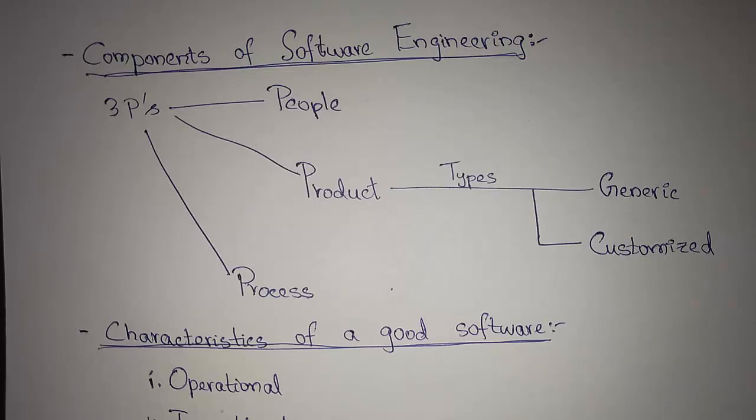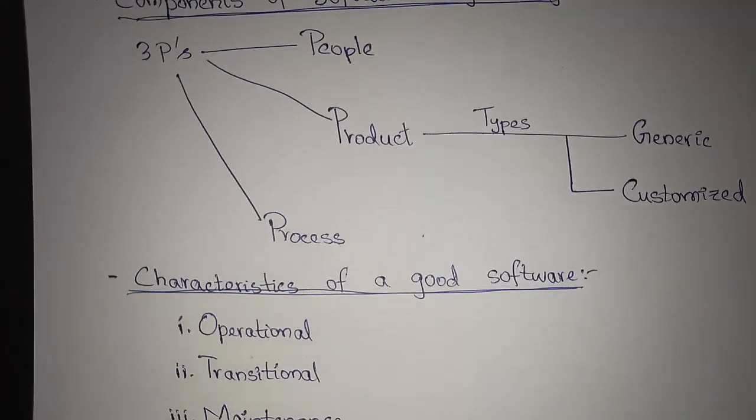Then we have the characteristics of good software, which are operational, transitional and maintenance.